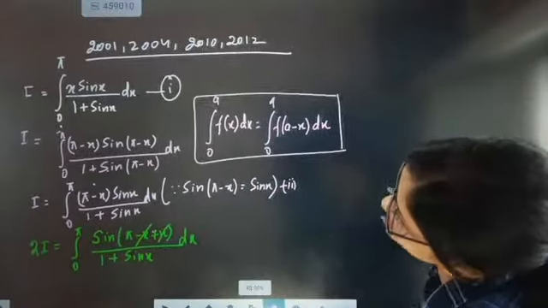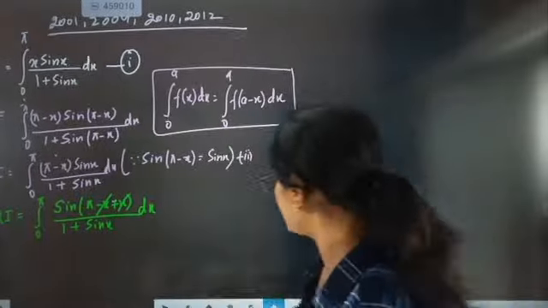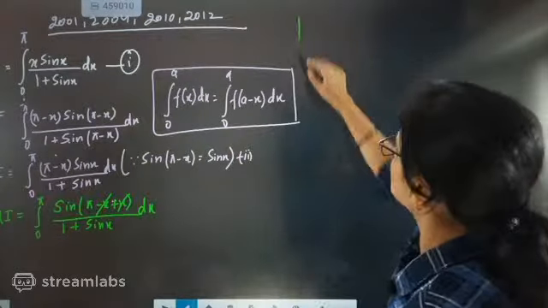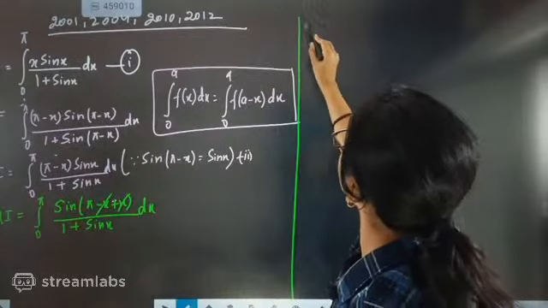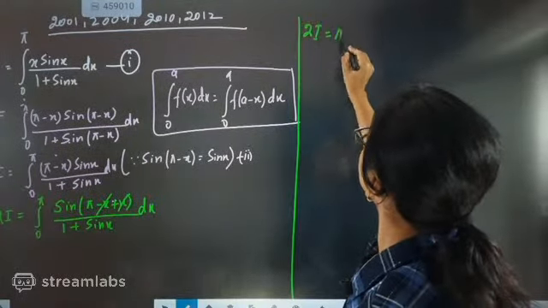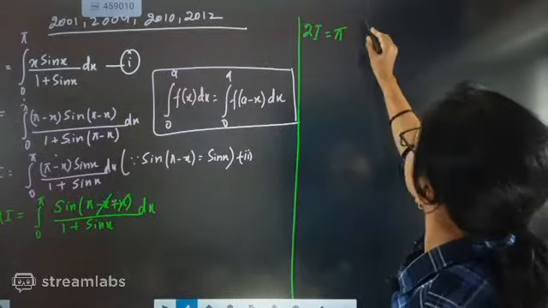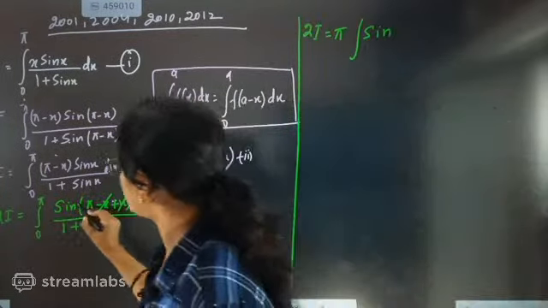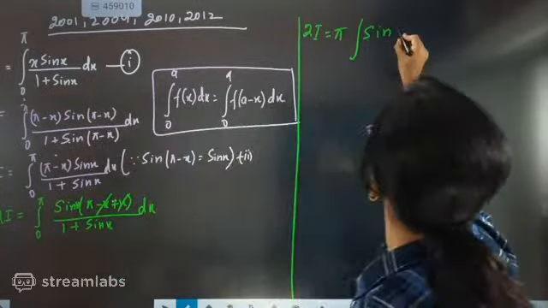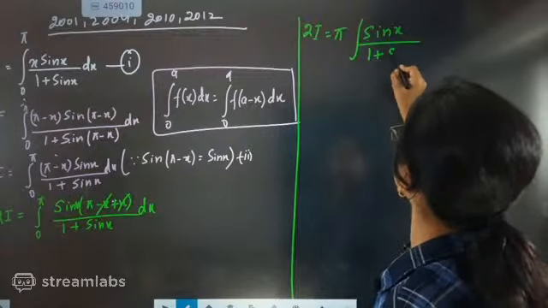So we get 2I equal to pi times the integral of sin x by 1 plus sin x.